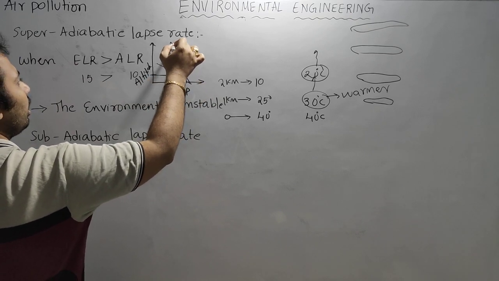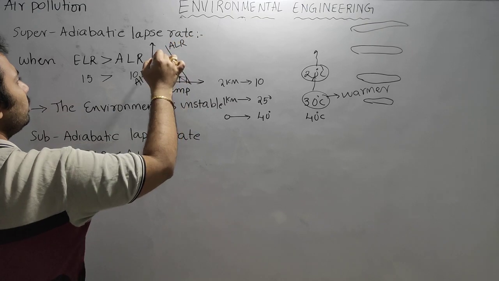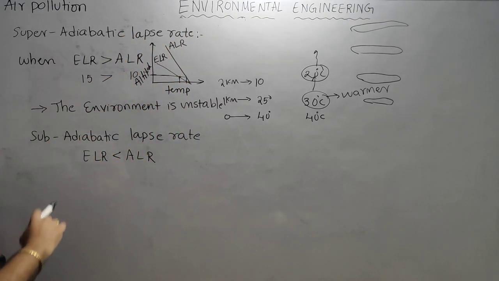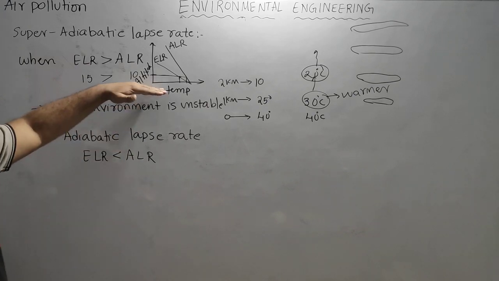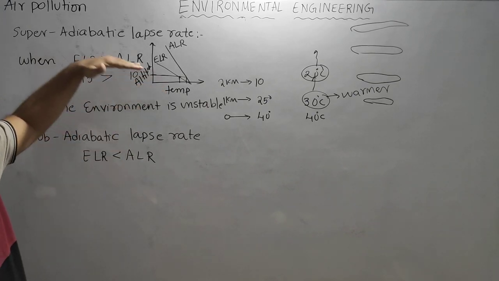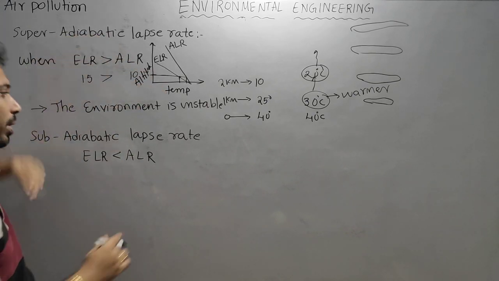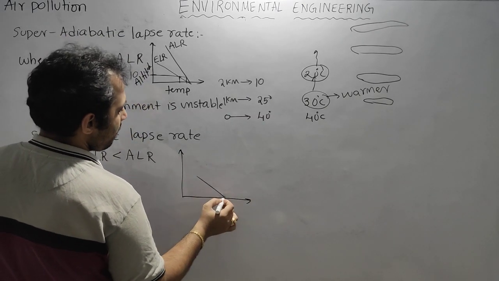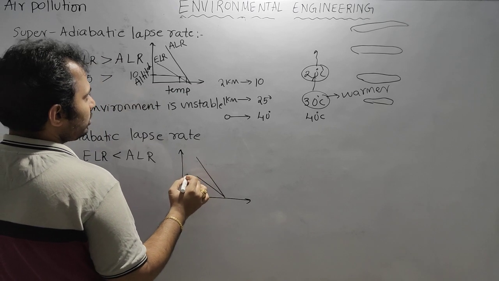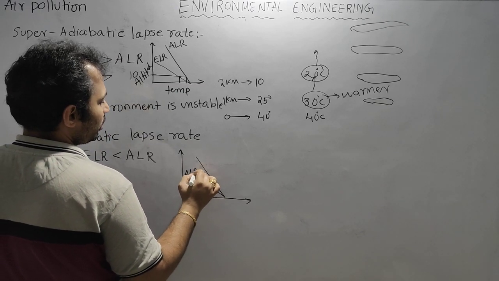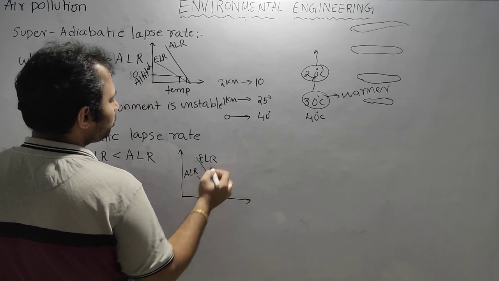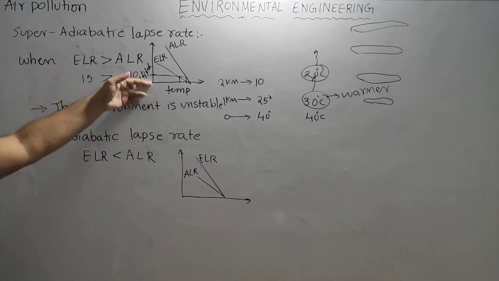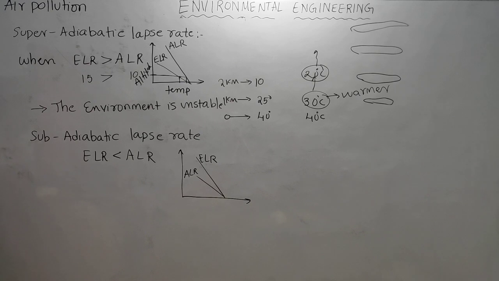So this is the adiabatic lapse rate and this is the environmental lapse rate. If the graph is like this, then it is called superadiabatic lapse rate. If the same graph is given like this, this is ALR, this is ELR, then it is called subadiabatic lapse rate.